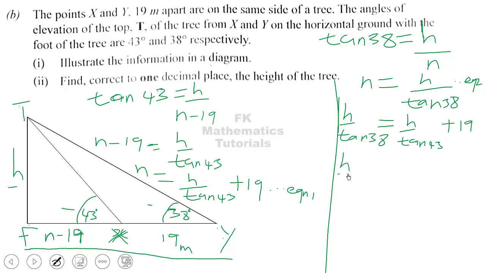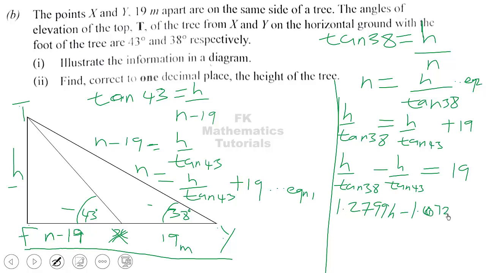So h over tan 38 minus h over tan 43 will be equal to 90. That gives us 1.2799h minus 1.0723h is equal to 90. So we do the subtraction now.